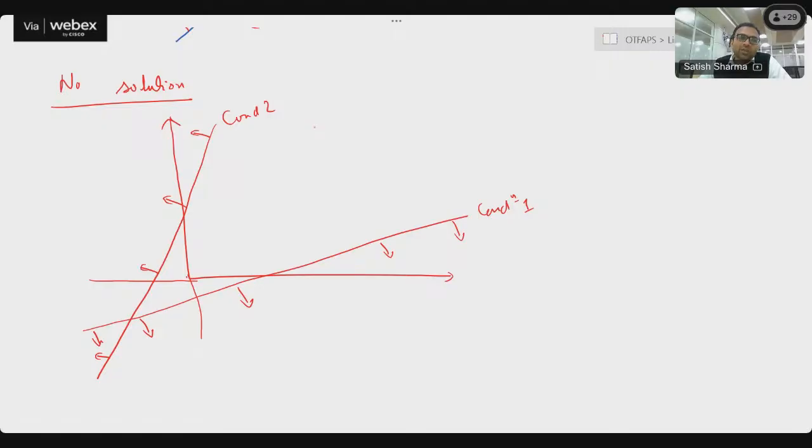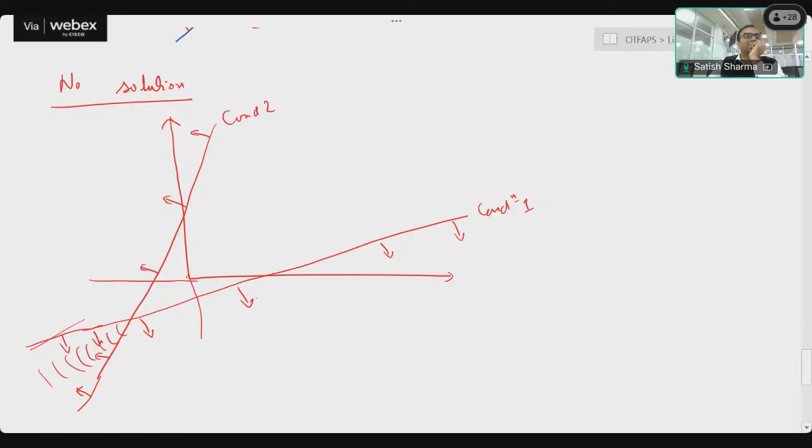If you look at only these two conditions, this particular region satisfies both the conditions. This condition is saying that the solution should be in this direction, and this one is saying the solution should be in this particular direction. So yes, this region satisfies it very well.